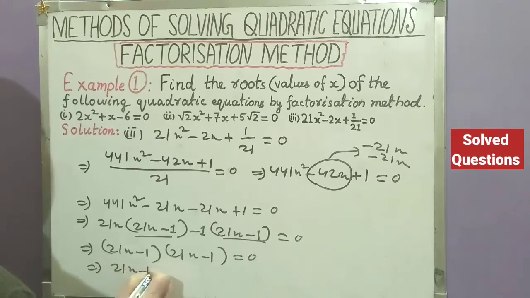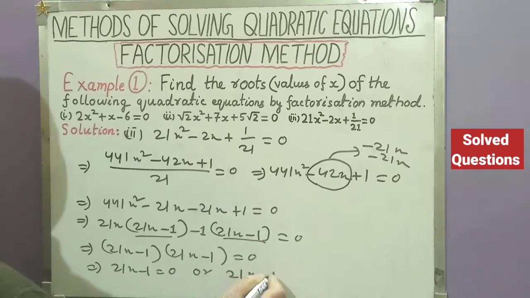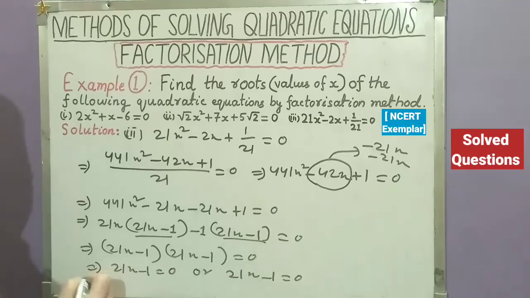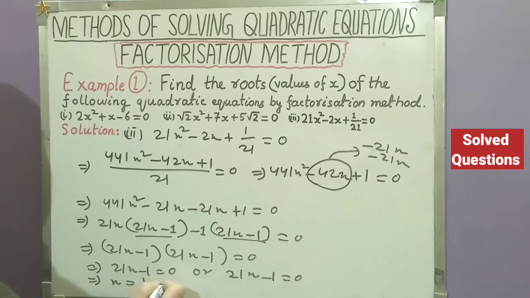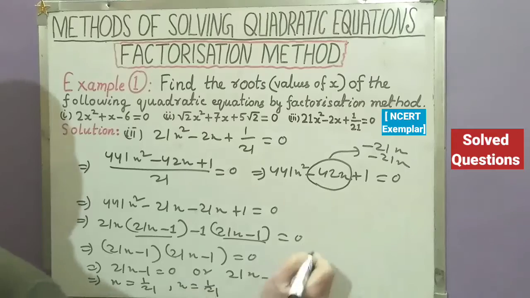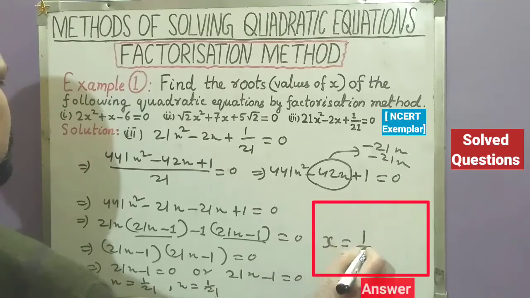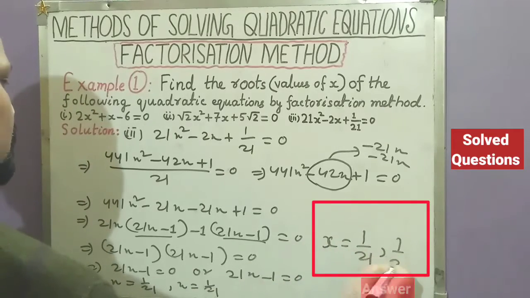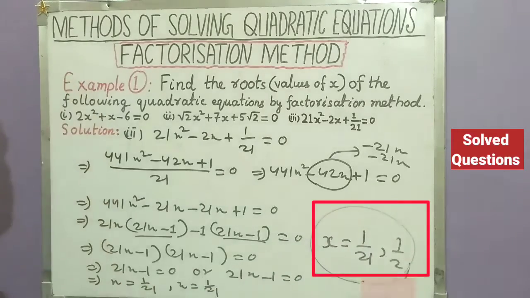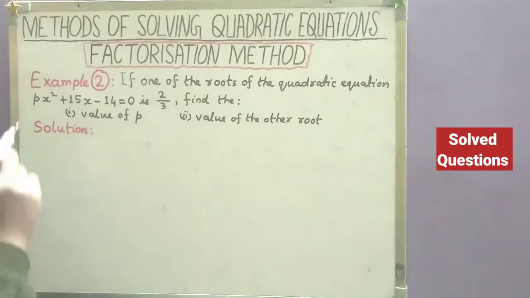That implies that 21x − 1 = 0 or 21x − 1 = 0. That implies that x = 1/21 and the same x = 1/21. That's your answer.